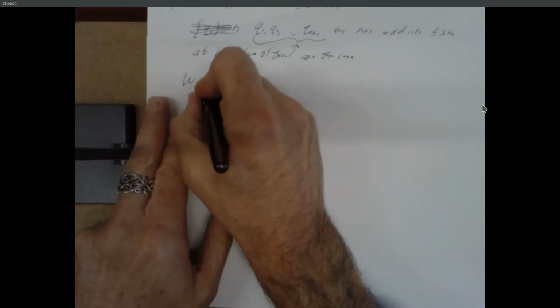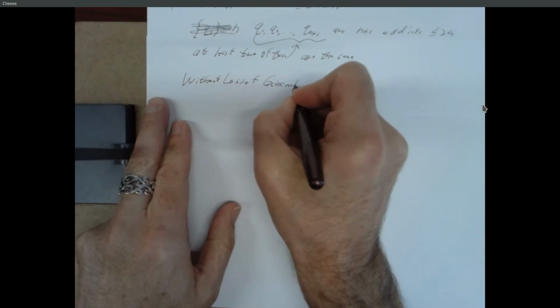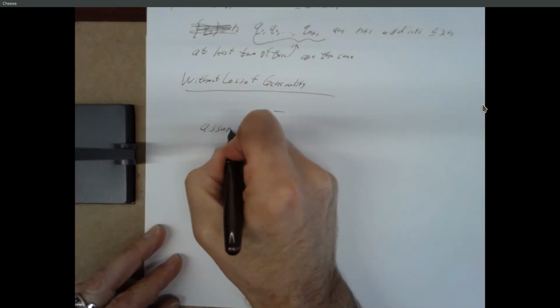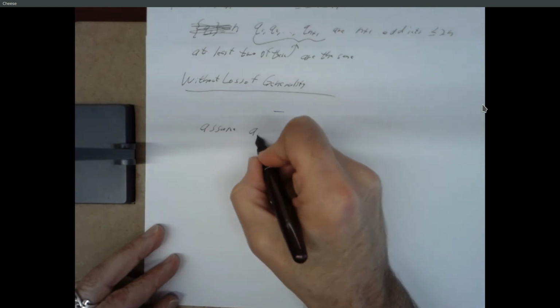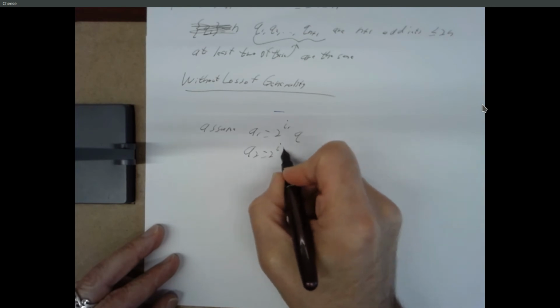We're going to say, without loss of generality, let's just assume A1 is equal to 2 to the I1 times Q, and A2 is equal to 2 to the I2 times the same Q. So if Q3 and Q7 were the 2 Q's that were the same, I'm just renaming my starting A's. So I'm going to use A1 for A3, and I'm going to use A2 for A7.